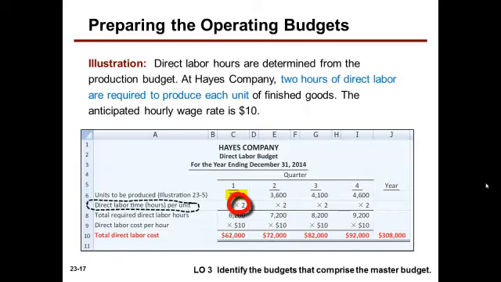So that content factor, 2 hours per unit, allows us to explode our saleable units of 3,100, needing 6,200 labor hours to produce 3,100 units of saleable product. Those hours times our cost per hour, $10, gives us our total direct labor budget of $62,000 for the first quarter. Again, calculate hours first, quantity, dollarize them second.